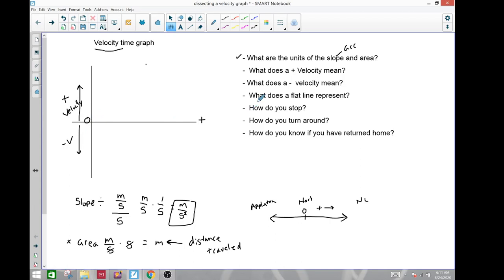All right, what does a flat line represent? Okay, so in the position time graph, a flat line represented no change of position. So a flat line represents 0 slope. Okay, so here a flat line represents 0 acceleration.